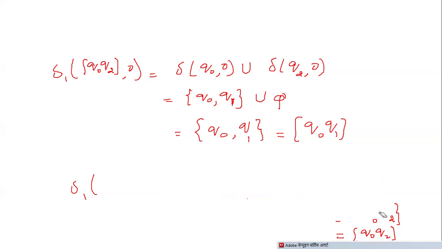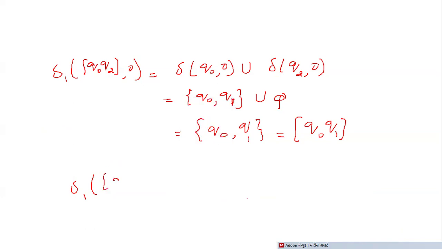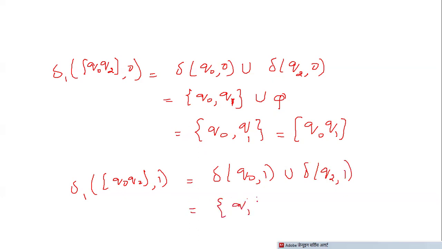Let us erase it. Now here, del of {Q0, Q2}, 1, which is equal to del of {Q0}, 1 union del of {Q2}, 1. Q0, 1 is Q1, right?